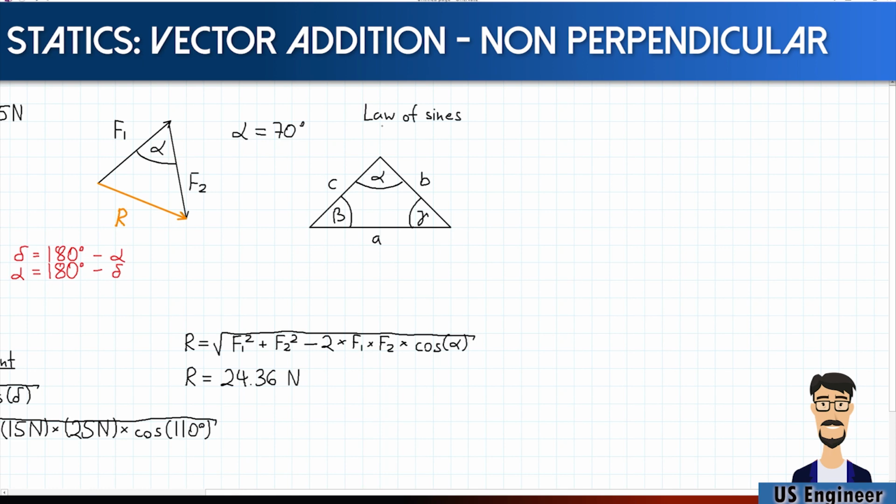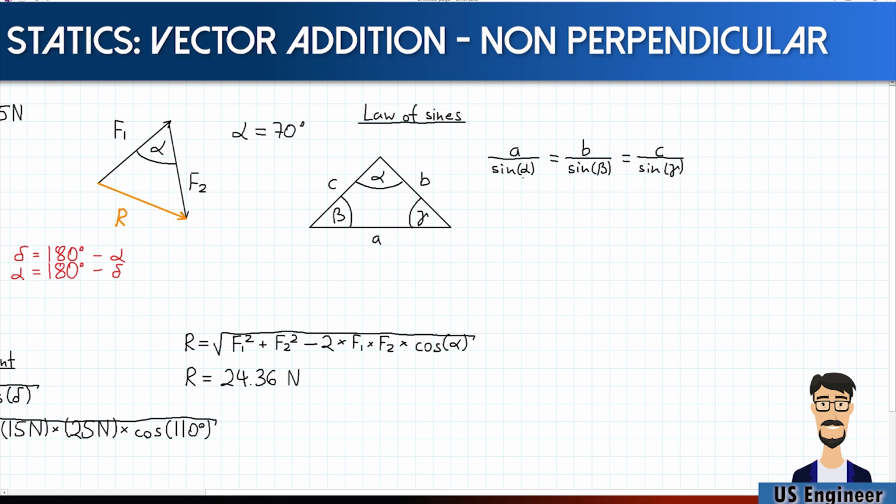And the law of sines states that the ratio of A over the sine of alpha is the same as B over the sine of beta, and that's going to be equivalent to C divided by the sine of gamma. So that's the law of sines expressed mathematically.